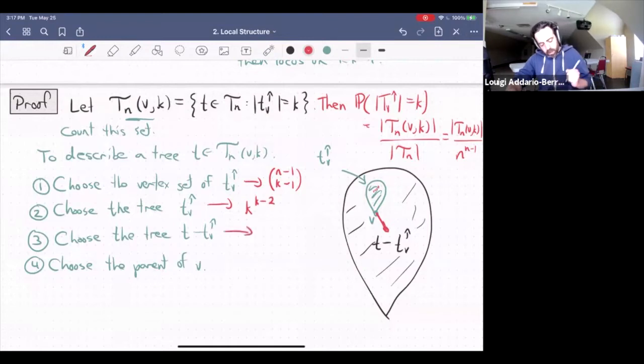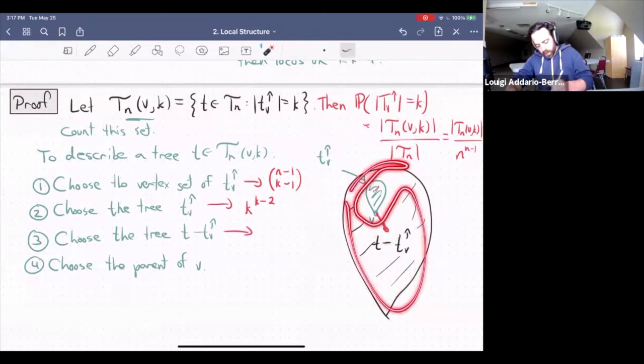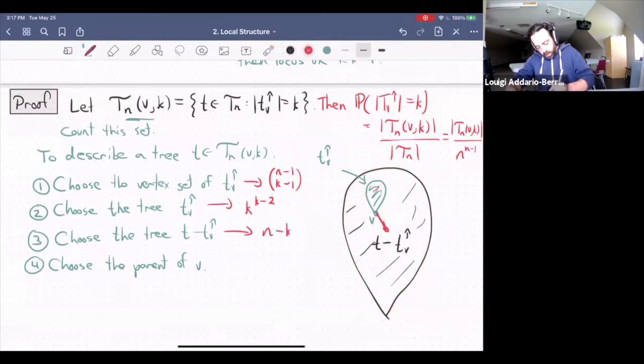Then in the third step, having chosen that tree, we get to build the brown tree, the tree that's out here. So it has n minus k vertices, and now the root is not specified for the brown tree. We can choose whichever root we want. It's (n minus k) to the n minus k minus 1. So here I'm actually using that k is not n.